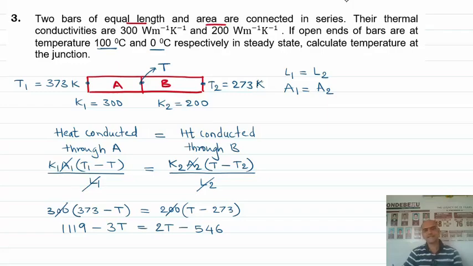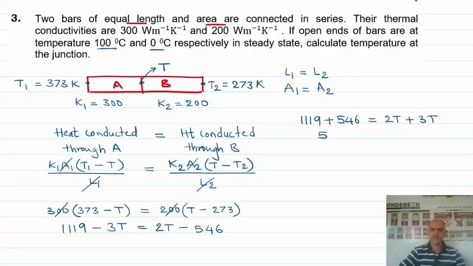Now take T to one side and the values to the other side. So 3T I will take to the RHS, and 546 I will take to the LHS. So 1119 plus 546 is equal to 2T plus 3T.